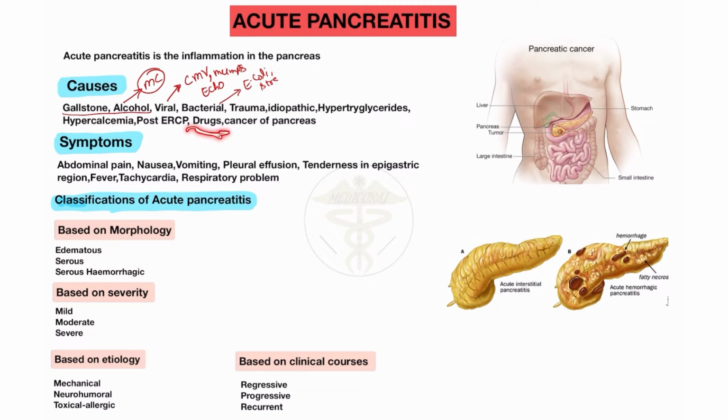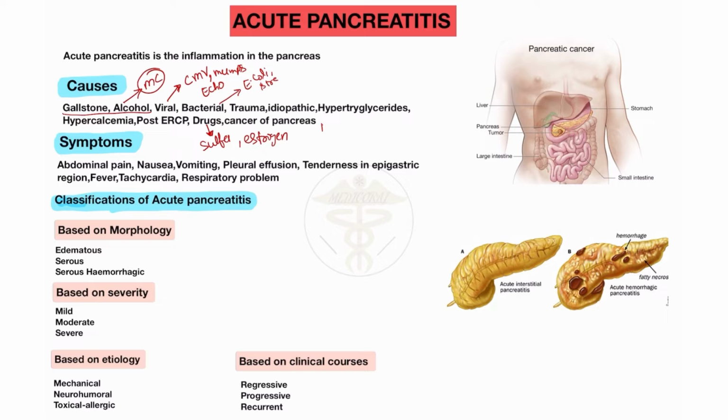And different types of drugs also cause acute pancreatitis, like you will hear about the sulfa drugs, mostly sulfa drugs. Also hormones like estrogen also cause acute pancreatitis.